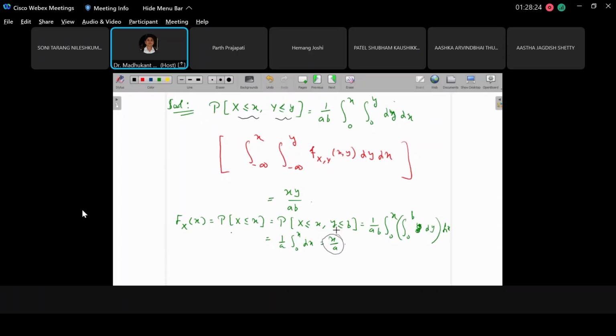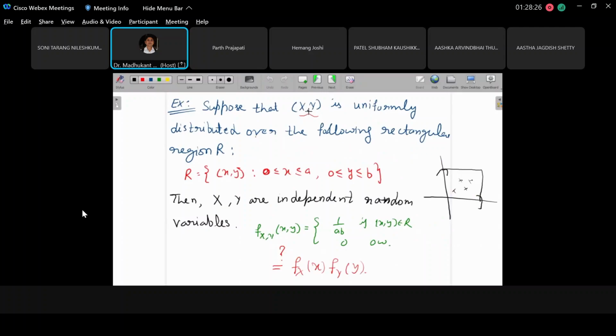So it is not necessary to assume that. If it is assumed that xy is uniformly distributed over the rectangular region R, then they automatically will come out as uniform random variables. Okay, so it's not required to assume.